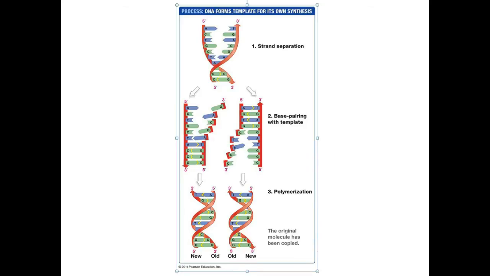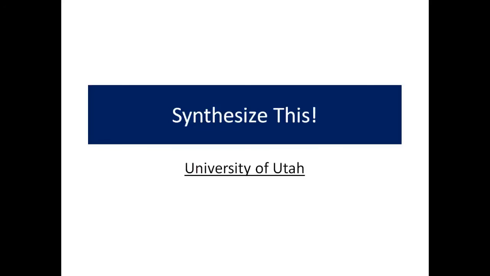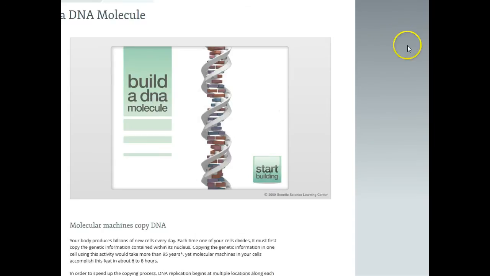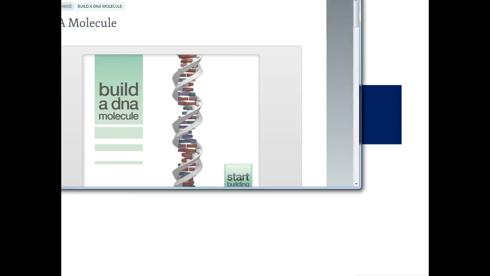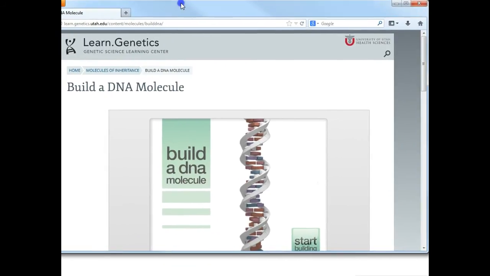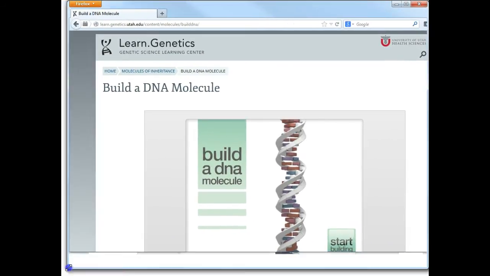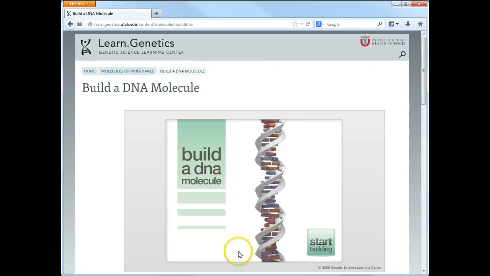You can play around with this synthesis piece a little bit, again in its most basic form. There's a really great website called Synthesize This, which is part of this University of Utah website. Sorry, I'm just going to have to resize this so you can see the entire screen. You can actually practice building your own DNA molecule.